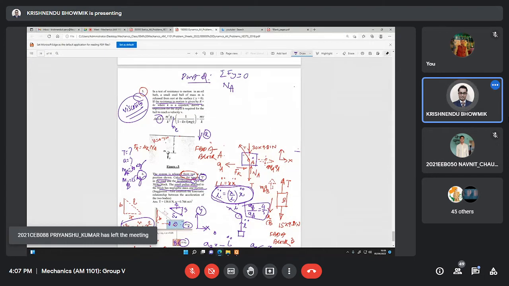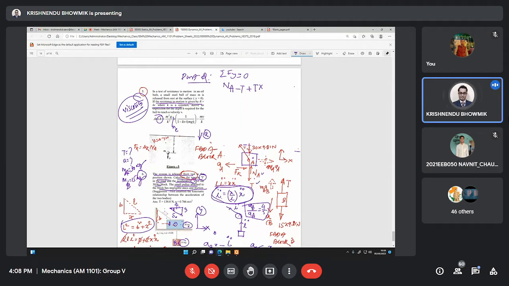Now the question is this angle. Anywhere we can write it this way also. Always this will be 3, this will be 5, this will be 4. So NA minus T plus T multiplied by this component.